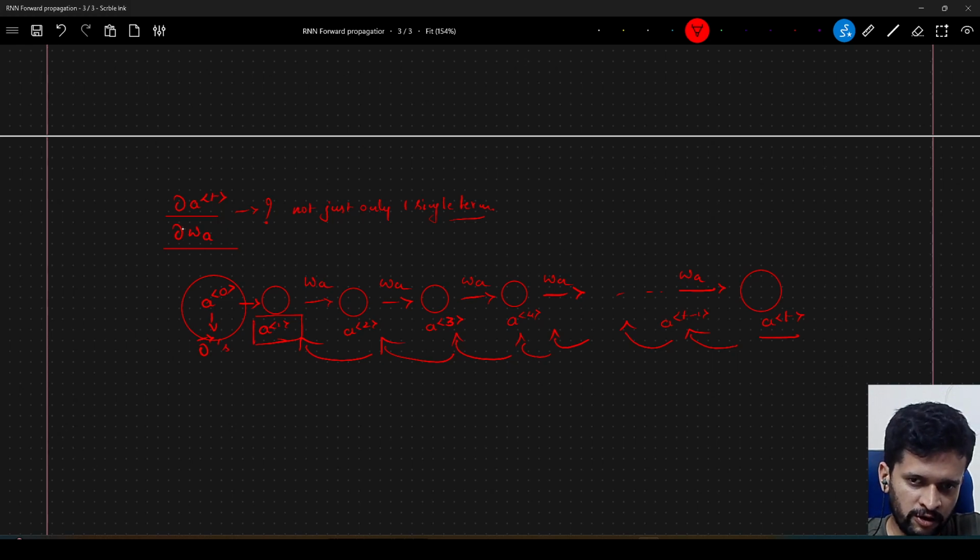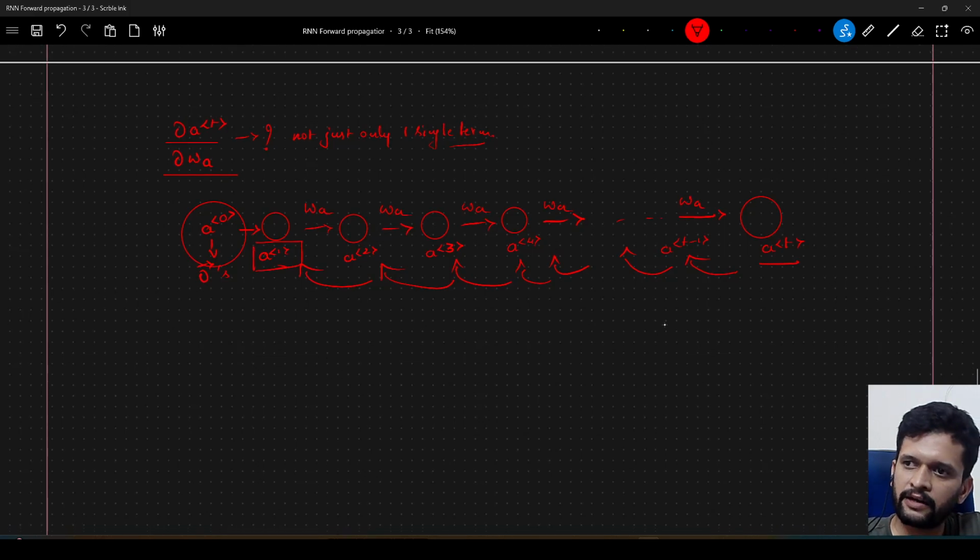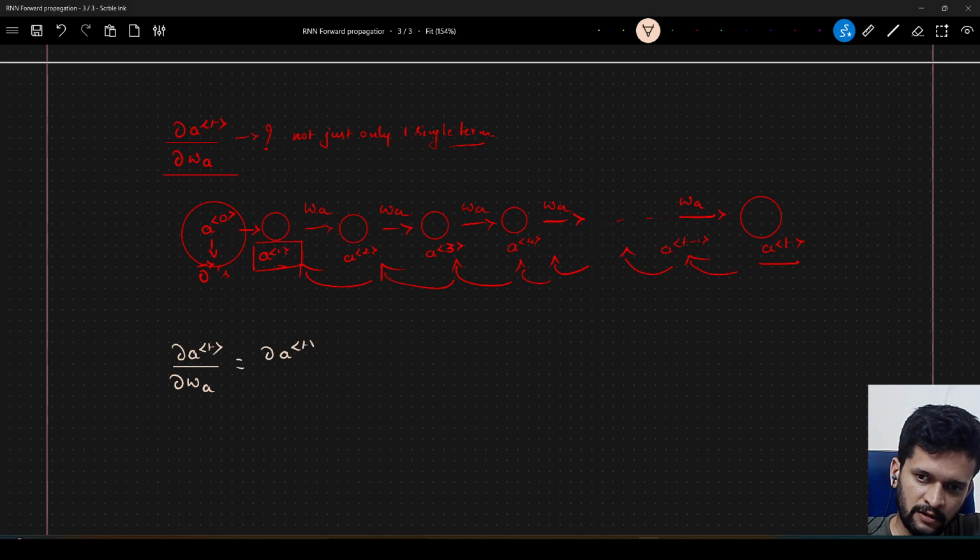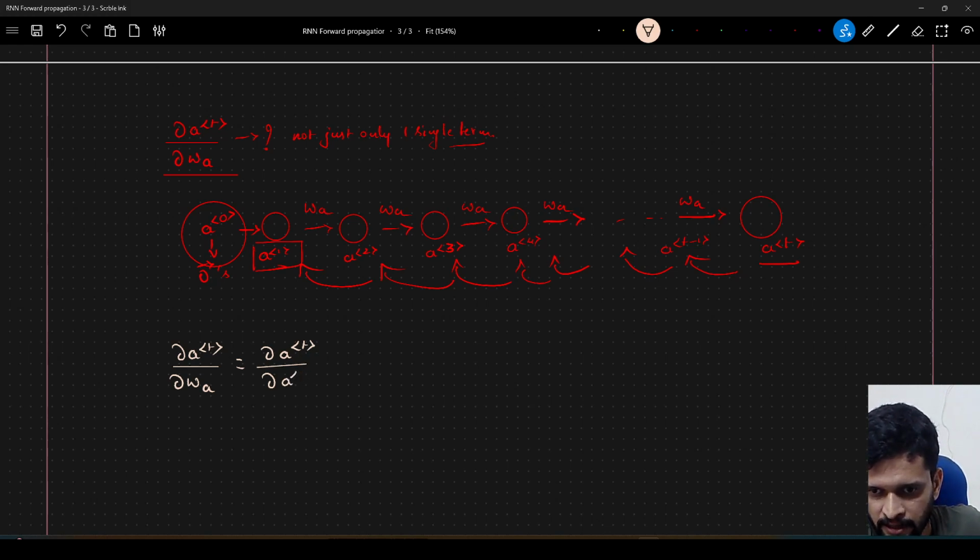Okay, now we have seen this particular thing here, right? So what I can do is write dAt with respect to dWA as the derivative of the activation at time step t with respect to, this is our input, At minus 1, correct?